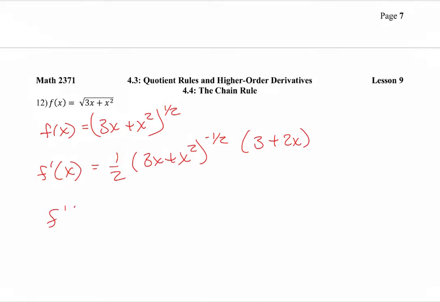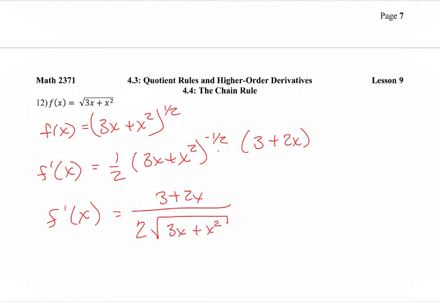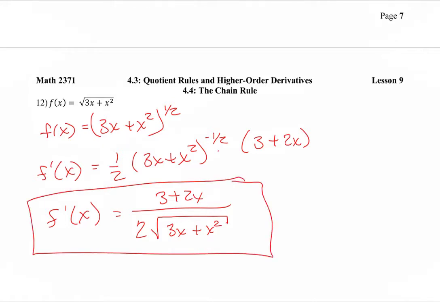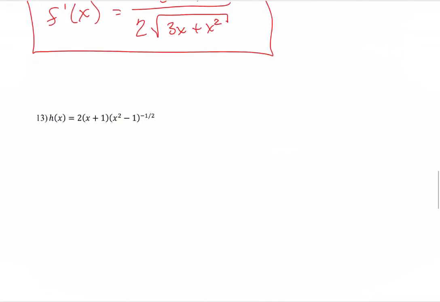So f prime of x equals 3 plus 2x in my numerator. The negative 1/2 power moves to my denominator, so I have 2 times the square root of 3x plus x squared. Now, that's better. All right, I'll agree with that one.